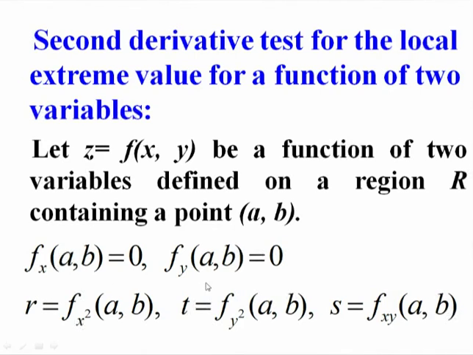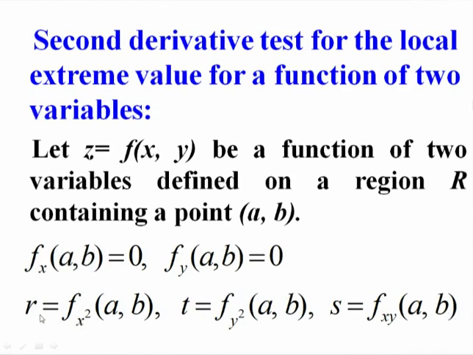Then we find the second order partial derivatives, which are del square f by del x square, del square f by del y square, and del square f by del x del y, and find the values R, S and T, which are the second order partial derivatives at the given point a, b.